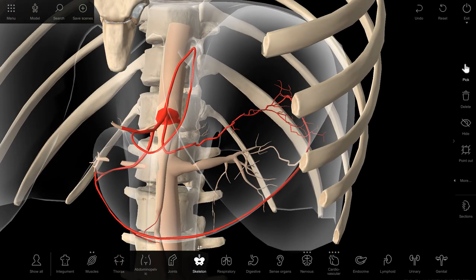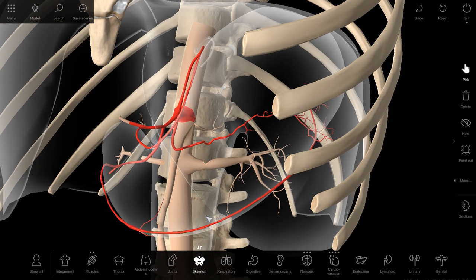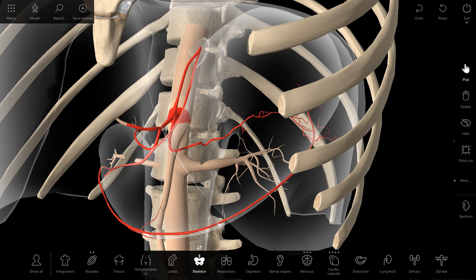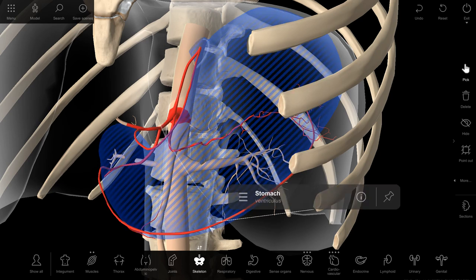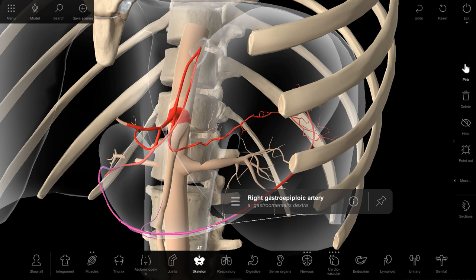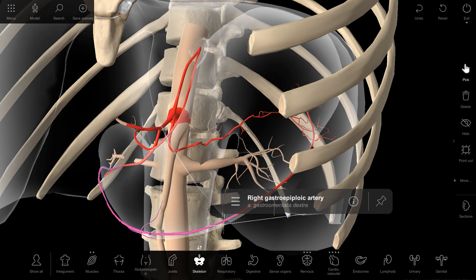And now we can see that the daughter's branch of splenic artery, from left side, it calls as arteria gastroomentalis sinistra, and it makes anastomosis with arteria gastroomentalis dextra.